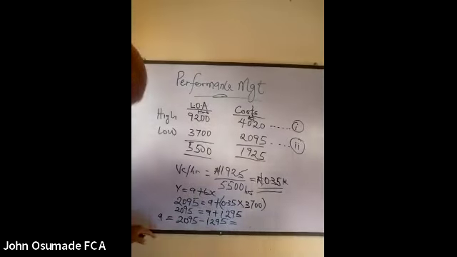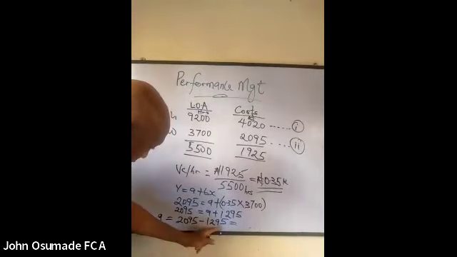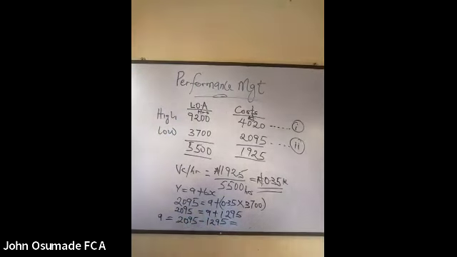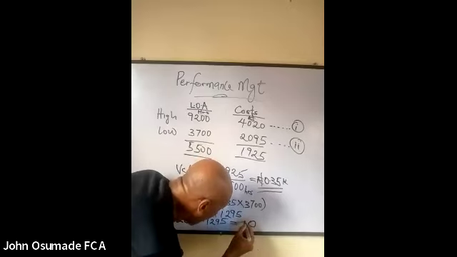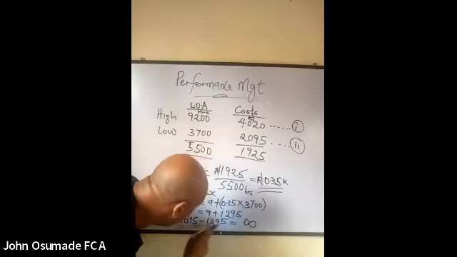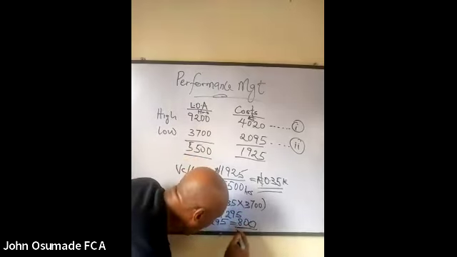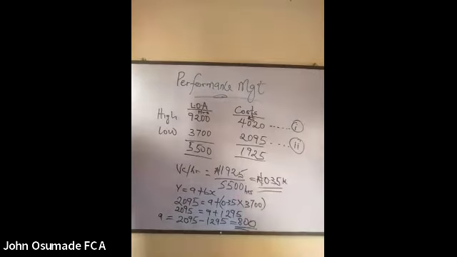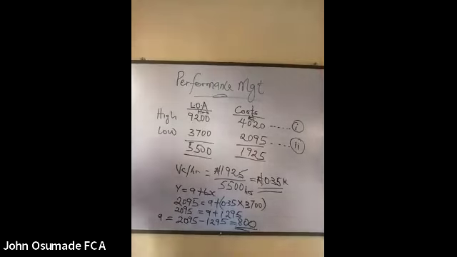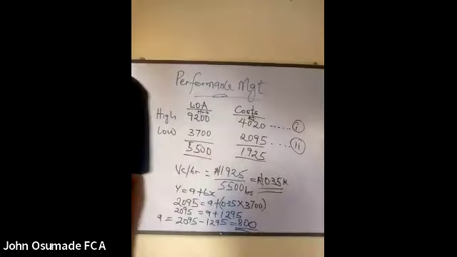So A will be what? 2,095 minus 1,295 is 800. So our A is 800. So our fixed cost is 800.